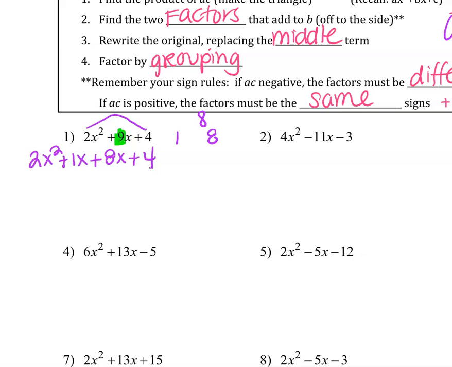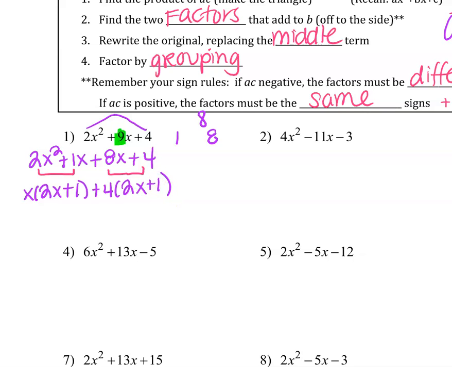Now what I want to emphasize is that these are the same. 2x squared plus 9x plus 4 is the same thing as 2x squared plus 1x plus 8x plus 4. So you're not changing the expression, you're just changing the way it looks. Because now what I'm going to do is factor by grouping. Out of the first 2 terms, I can pull out an x. Out of the next 2 terms, I can pull out a 4.